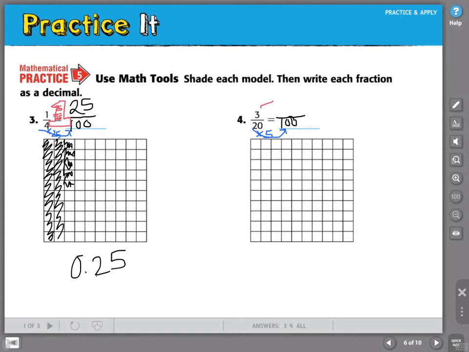Inside my big one, I'm going to have 5 over 5. 20 times 5 is 100, and 3 times 5 is 15. So 3/20 is the same as 15 hundredths. And to model that on my decimal model, I would color in 10 hundredths and 1, 2, 3, 4, 5, 15 hundredths.